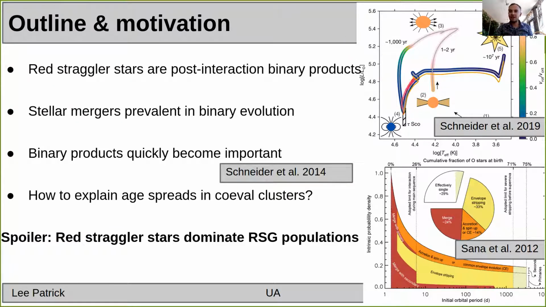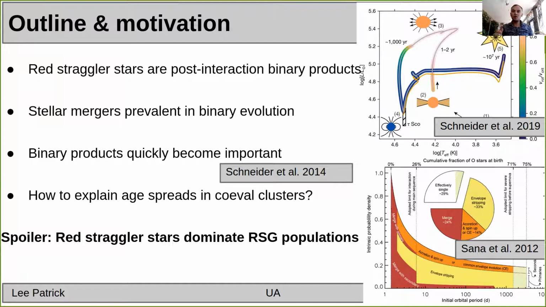That's really nicely illustrated by this evolutionary track of tau score here, where this merger product very rapidly evolves onto the main sequence, and from that point behaves effectively like a single star, which in this case evolves to the red supergiant phase and then explodes as a type 2p supernova.